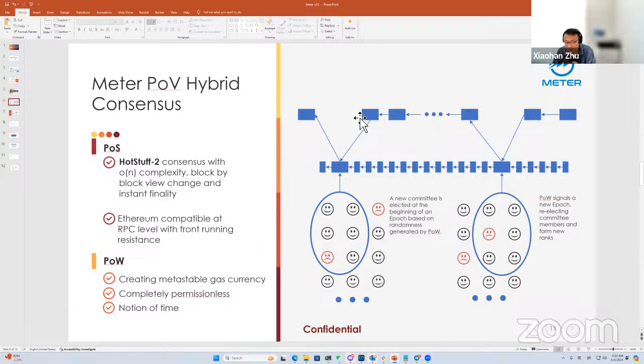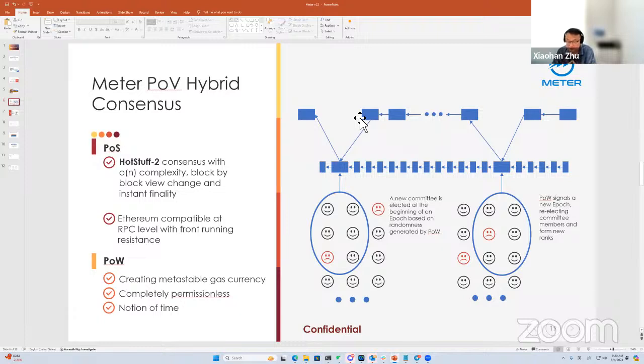So every now and then you need to do some maintenance of the entire committee for the consensus network. So we have a concept called epoch. Basically at the boundary of every epoch, this information will be updated.